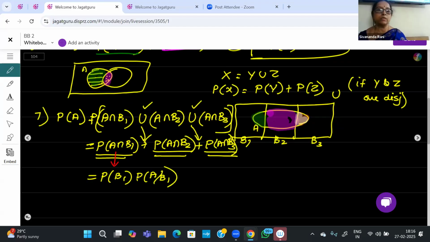But she didn't choose the other way because P of A is what we are finding out. So it would be foolish on our part to write P of A on the right. So she chose to write P of B1 on the right, which is commonsensically correct. Okay, what is the next one? Similarly, it will be better for us to use, right?